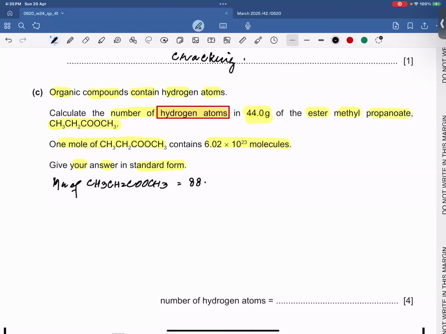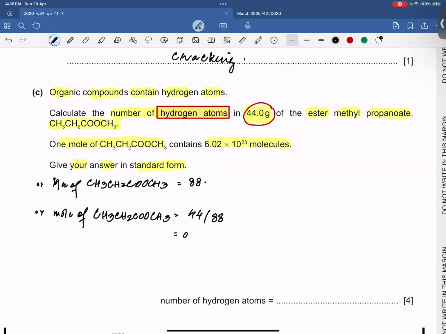Okay. Mass of ester is given, which means I can find the moles. So 44 divided by 88, I believe it's 0.5.